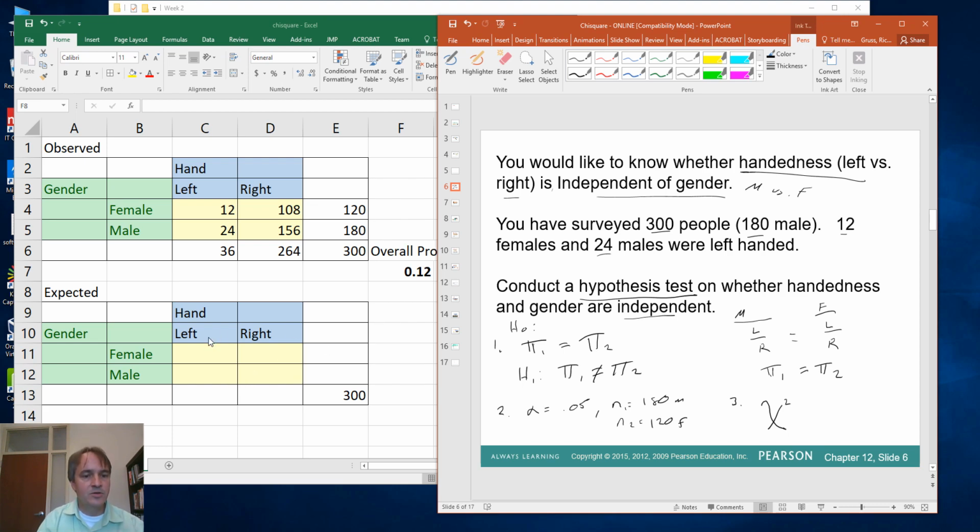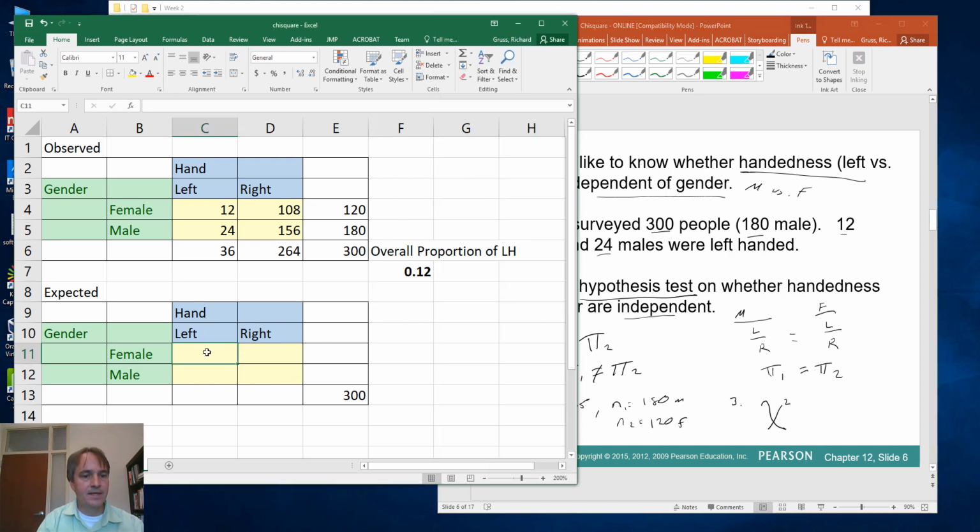Let's go ahead and fill in what would be expected over here. Remember that we had 120 females and 180 males. So what would be our expected number of left-handed females?